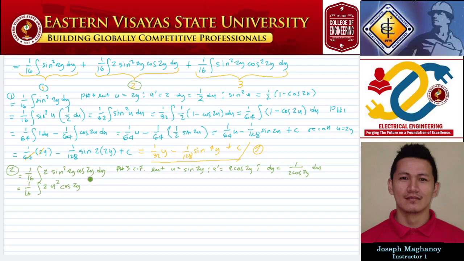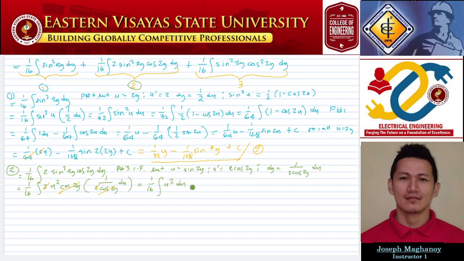Your dy will be replaced by your correction factor, that is 1 over 2 cosine 2y du. Okay, so we'll do some cancellation. So common 2, cosine 2y common, so the remaining is du. If we rewrite it again, 1 over 16 integral of u squared du.